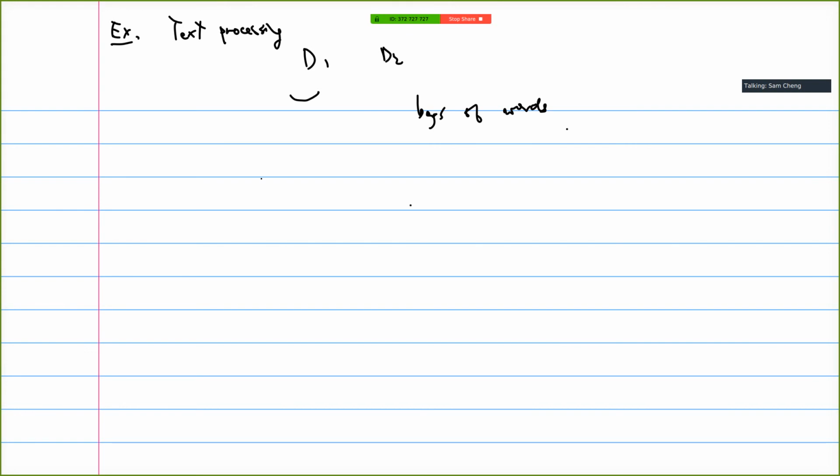Let's say I have a document, like "the bag is expensive." It's very silly, right? But anyway, just to give an example, this is a document.